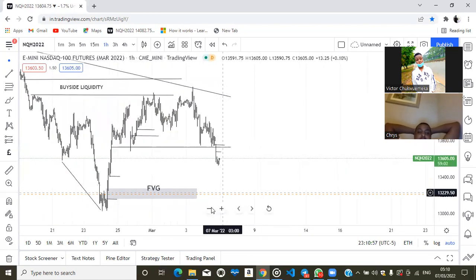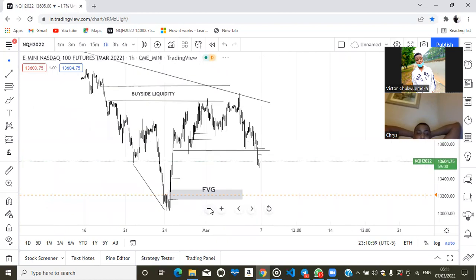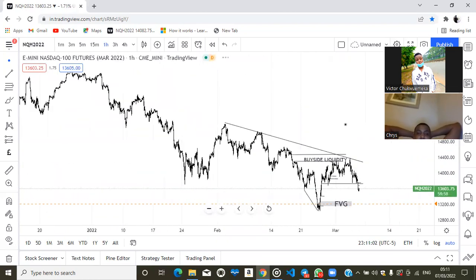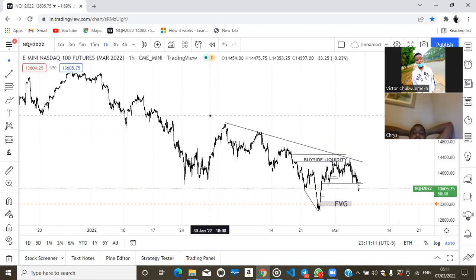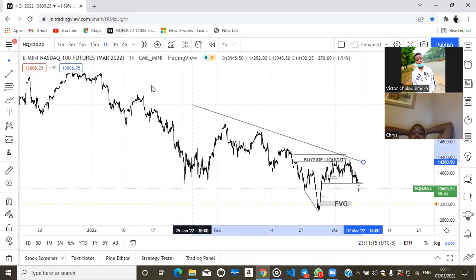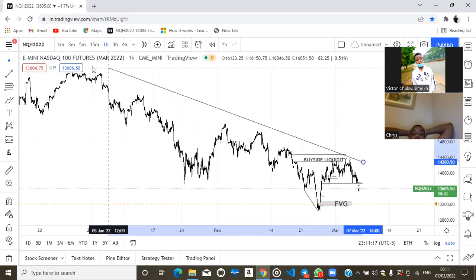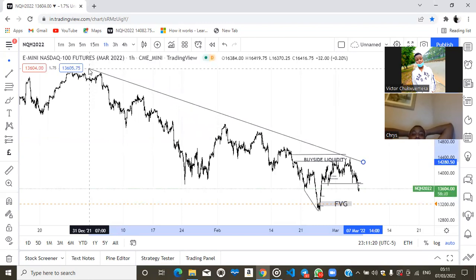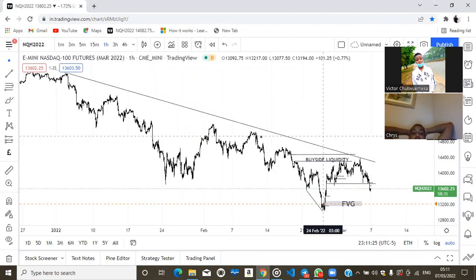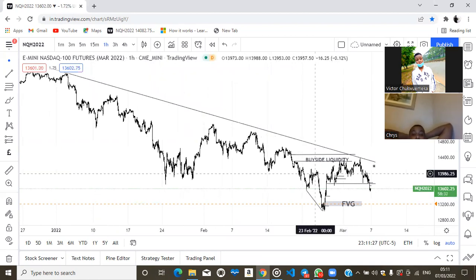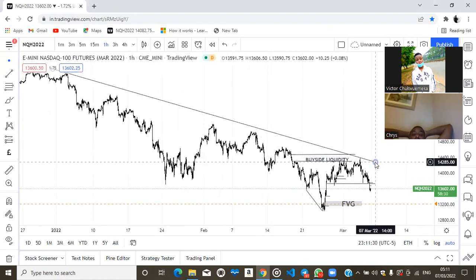If you watch the ICT 2016 mentorship, it says trend line liquidity is a trap for retail traders. You can see how price is reacting off this trend line. A lot of retail traders will think that whenever price keeps touching this area, it will sell off.